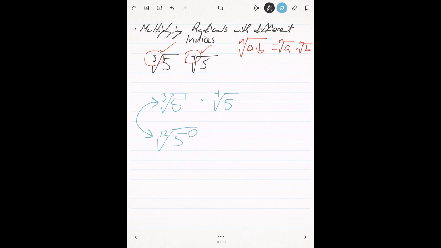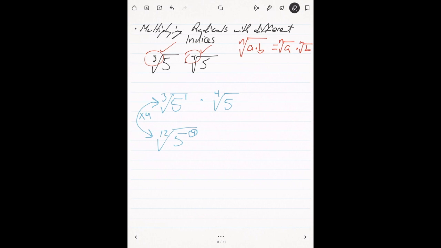Right now I have 5 to the 1st power, and I've cubed it. What exponent would I need on 5 if I'm going to take it to the 12th power? Well, if I multiplied 3 by 4 to get 12, I better multiply 1 by 4.